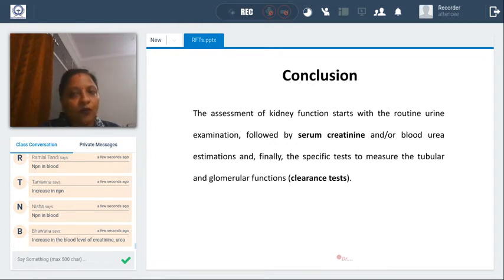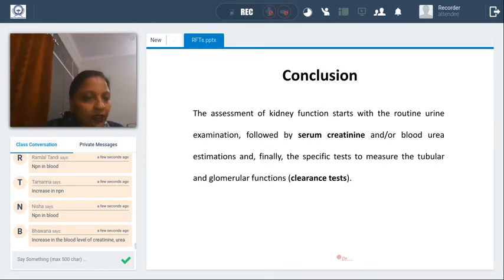So first we will perform routine urine examination. Next is serum creatinine or blood urea nitrogen estimations, and lastly we will go for the specific test to measure the tubular or glomerular functions like clearance test.